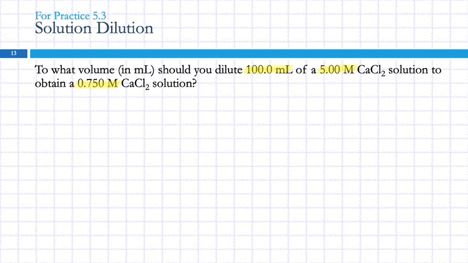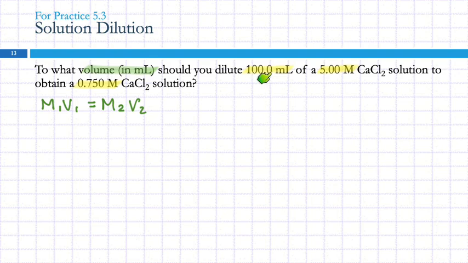And we're trying to find the volume. So the equation is molarity 1 times volume 1 is equal to molarity 2 times volume 2. In some books they say MC, VC, and MD, VD for dilute and concentrated. You can do it that way. What's important is that you get them matched up in the right way.